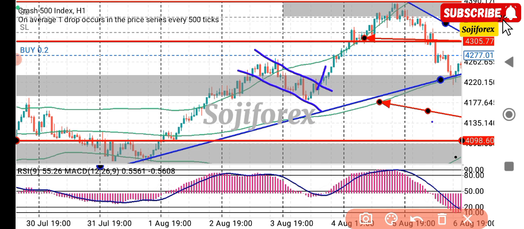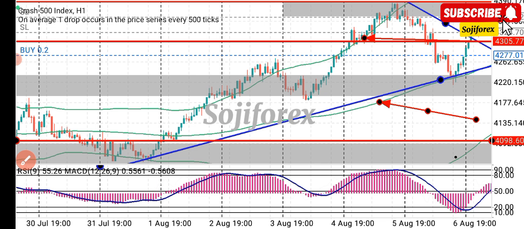Right? And then look at the function of our MACD. Our MACD should be around, for a buy, MACD should either be at 50 or at the level of 10 and 20.